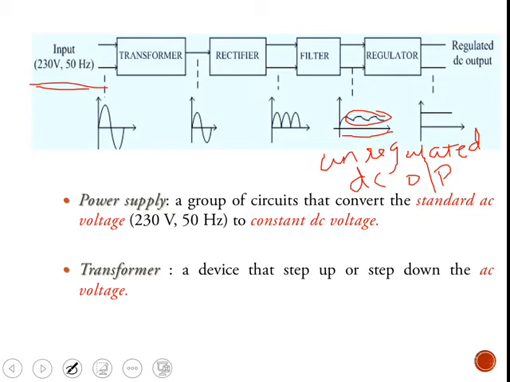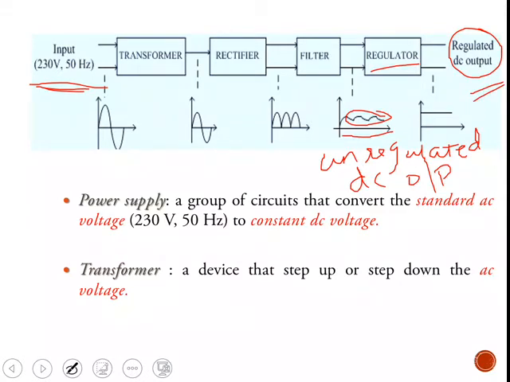So we use this voltage regulator so that you obtain a constant DC or a stable DC voltage, irrespective of the variations in the input or irrespective of the variations at the load side.